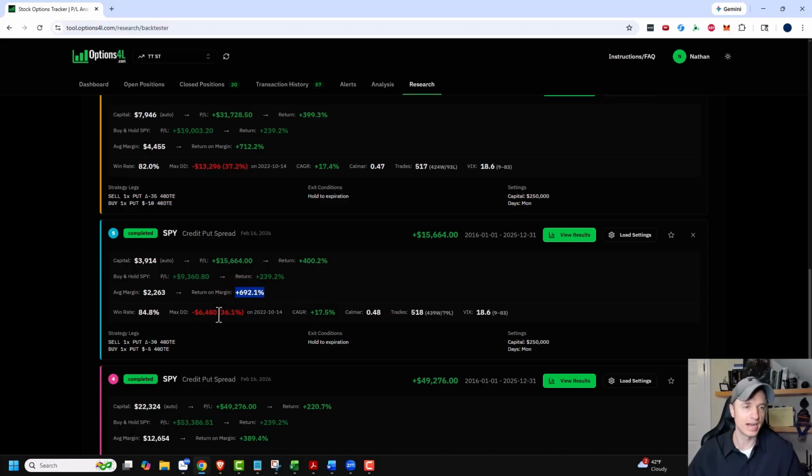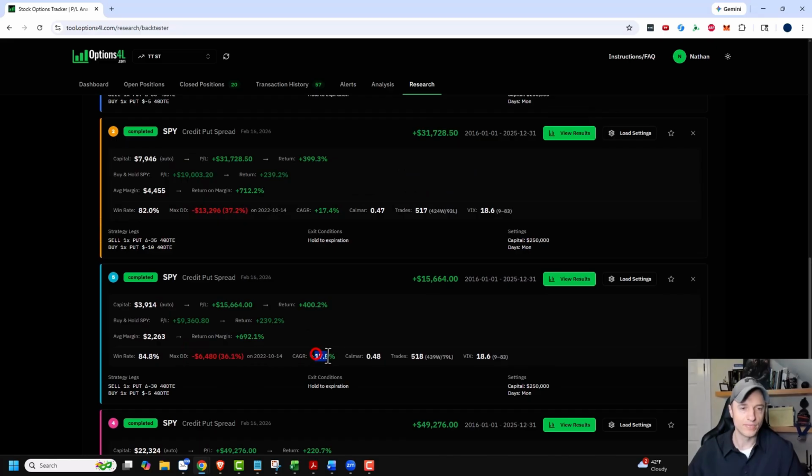Our max drawdown was 36.8%, which is the lowest max drawdown percent that we have. So also dollar-wise, it was the lowest drawdown. CAGR is 17.5%, so better than this one right here. Calmar is 0.48, so better than this one right here. So I would say this is a better back test or strategy than this one right there.